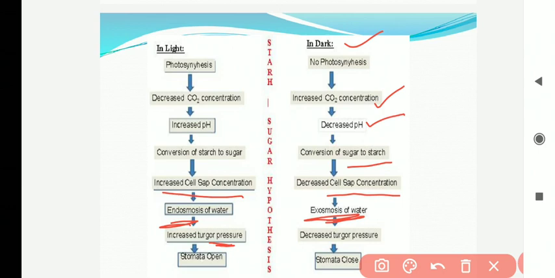Water goes out of the guard cells. That's why turgor pressure decreases, and when turgor pressure decreases, the guard cells become flaccid, flat, due to which the stomata get closed.